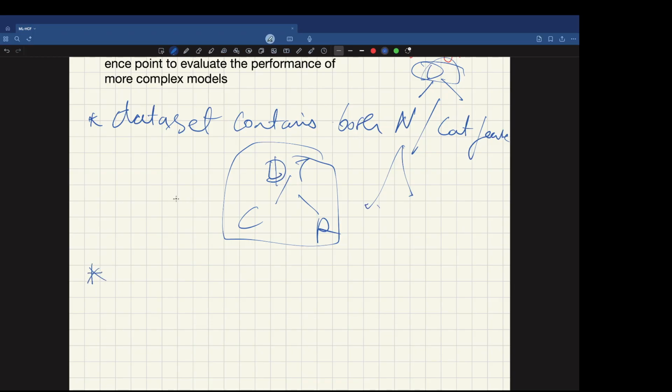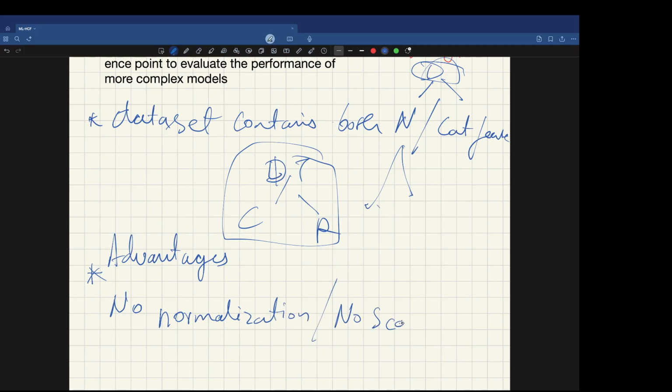Next point, advantages. I'll just speak; if you want to write, you can write, and the recorded video will have it. Advantages are easy to understand and interpret. It requires little data pre-processing: no normalization and no scaling required for decision tree.